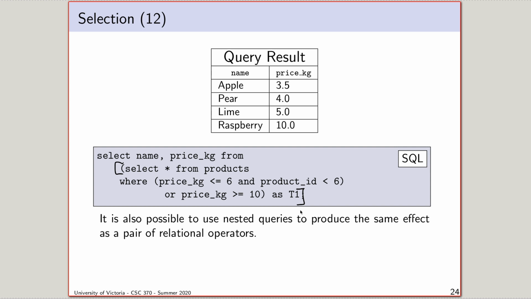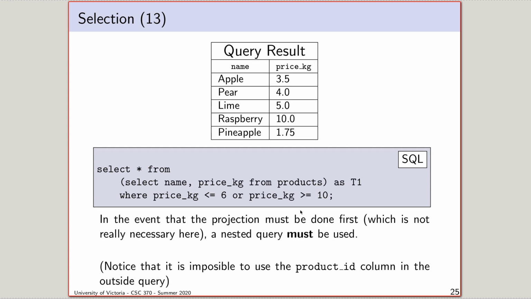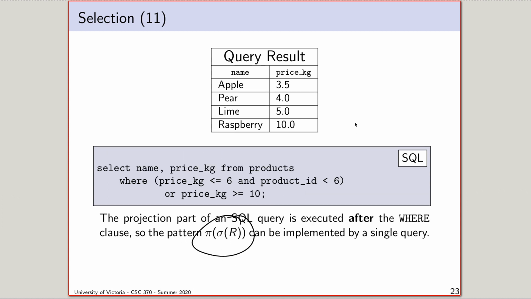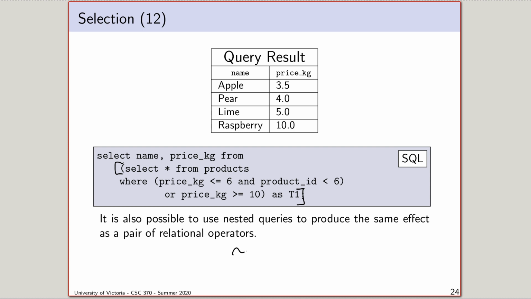And using nested queries like this is nice, I guess, because it allows me to invert the order. So what we saw a minute ago, we had pi sigma in the natural form. This is actually also pi and sigma on the inside. So the sigma is the nested query, and the pi is happening on the outside query.